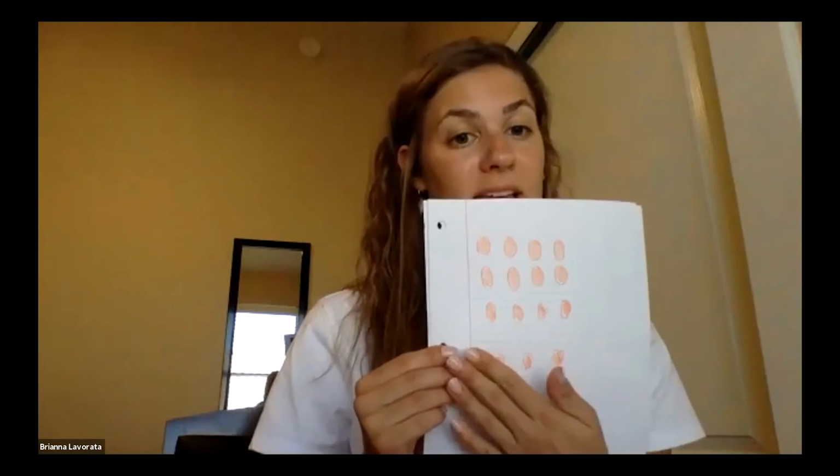Well, Cooper picked 12, Lola picked 6. So now, how many more does Cooper have than Lola? Well, since we know that Lola picked 6, let's go ahead and cross out 6 of Cooper's oranges with another color. So I'm going to grab my darkest color here. I have brown. I'm going to cross out 6, okay?